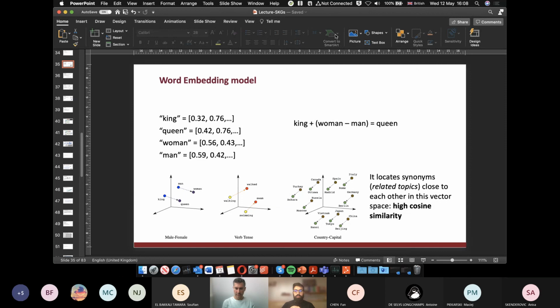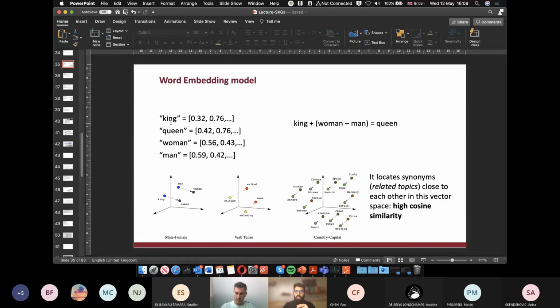So one way the community has responded to this issue is building knowledge graph embeddings. Here I show you a word embedding model. How does it work? It takes the text and associates for each word an array of numbers. However, the knowledge graph embedding takes the entities and relationships and does the same process.